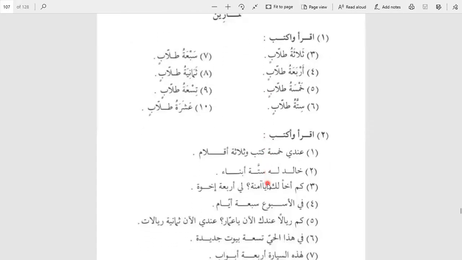Iqra waktub. I know we have done this and we've been emphasizing this. I just want to put more emphasis on how we count. Talatatu tulabin. We said this compound construction consists of mudaf and mudaf ilayh.